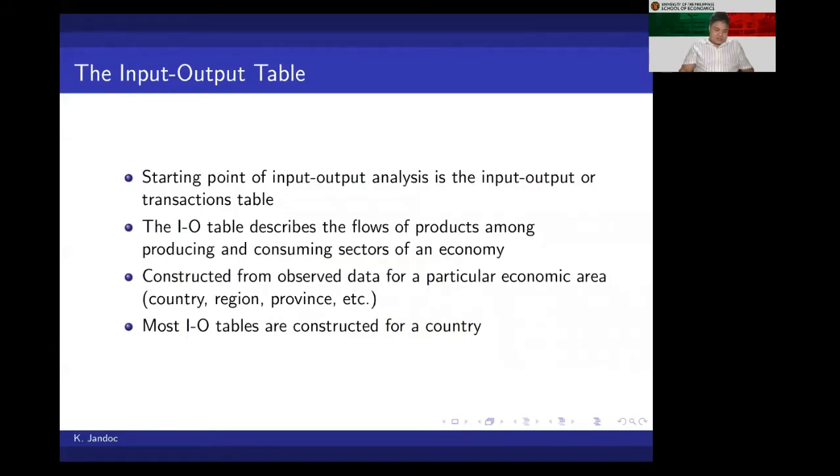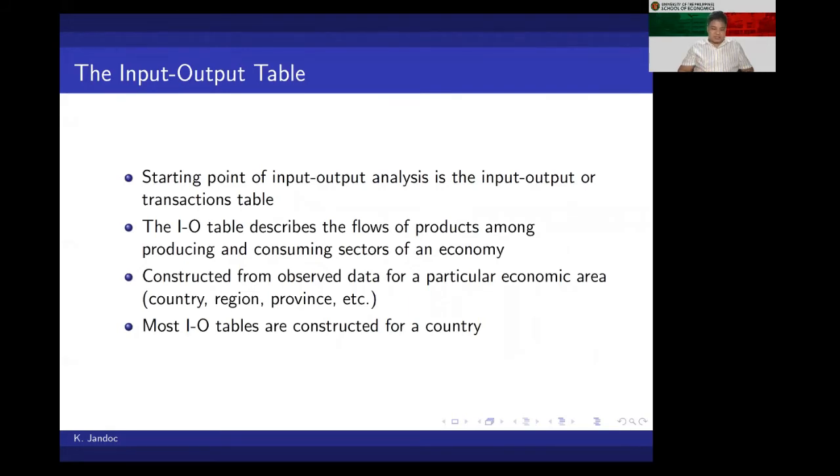Now, in this model, the usual starting point is the transactions table, or the input-output table. This input-output table describes the flow of products in the different sectors of the economy, right? Both the producing and the consuming sectors. Usually, this is constructed for a particular area.